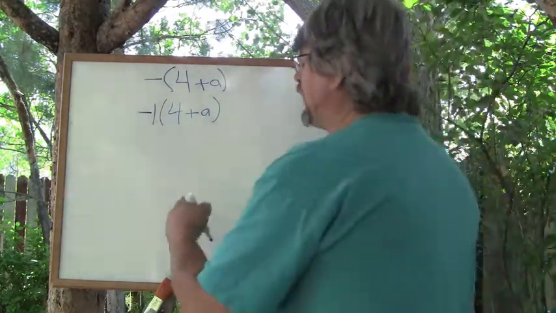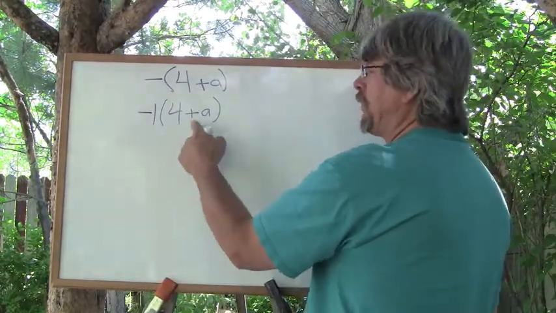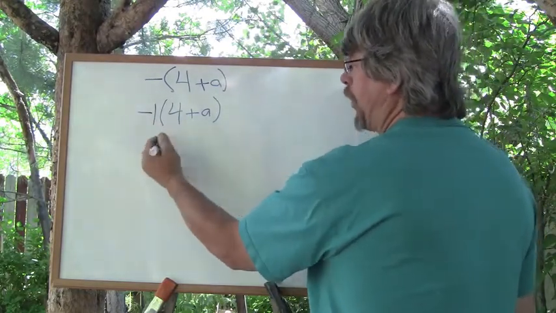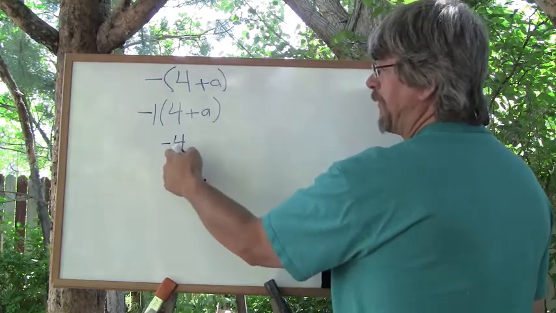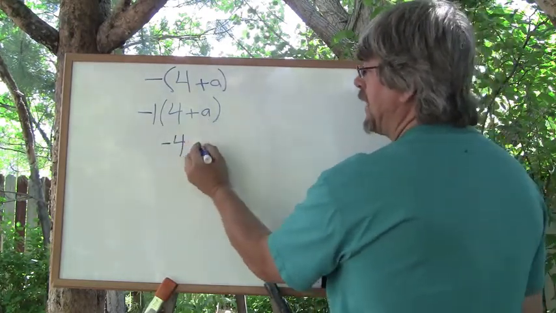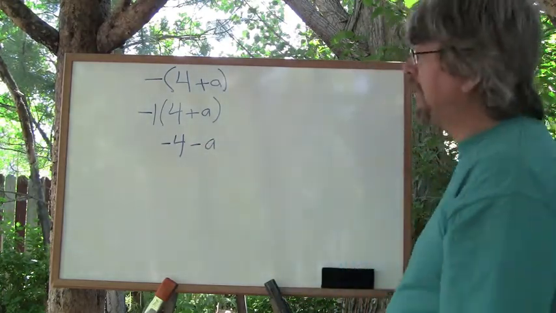What this does is we distribute the -1 into the parenthesis. So -1 times 4 makes that +4 a -4, and -1 times +a makes that a -a. Can you see the difference?